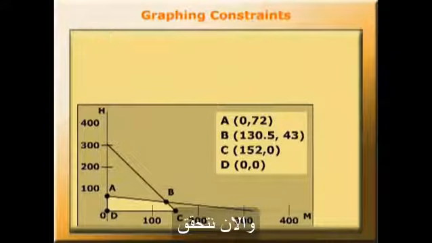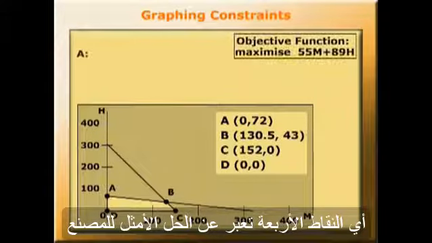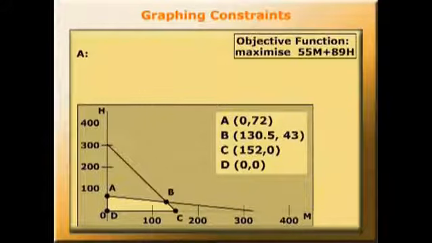We can now check on the 4 points which define the boundaries of the feasible region and see which is the most profitable for our chocolate producer. If we look at point A, if we produce at point A, then we produce no M and 72H.